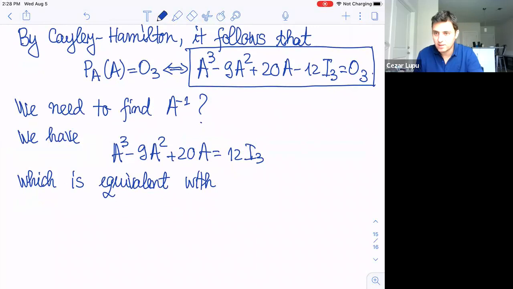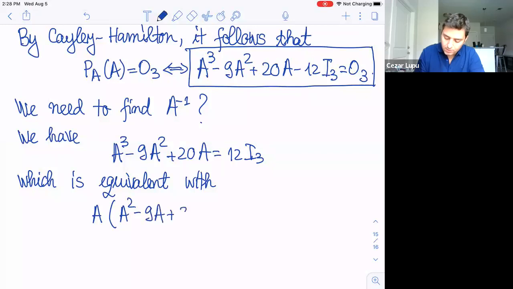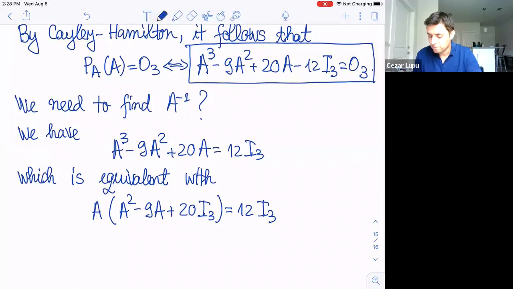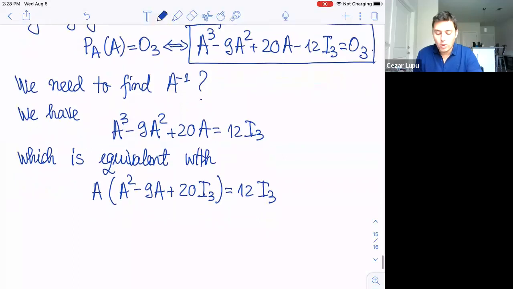There is nothing else I do here. This is equivalent with A times A squared minus 9A plus 20 times the identity equals 12 times the identity. Right? Now what to do?